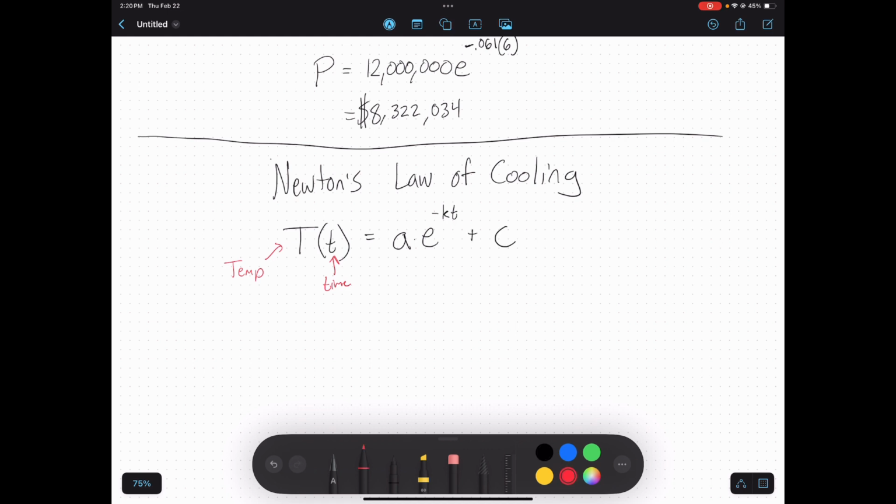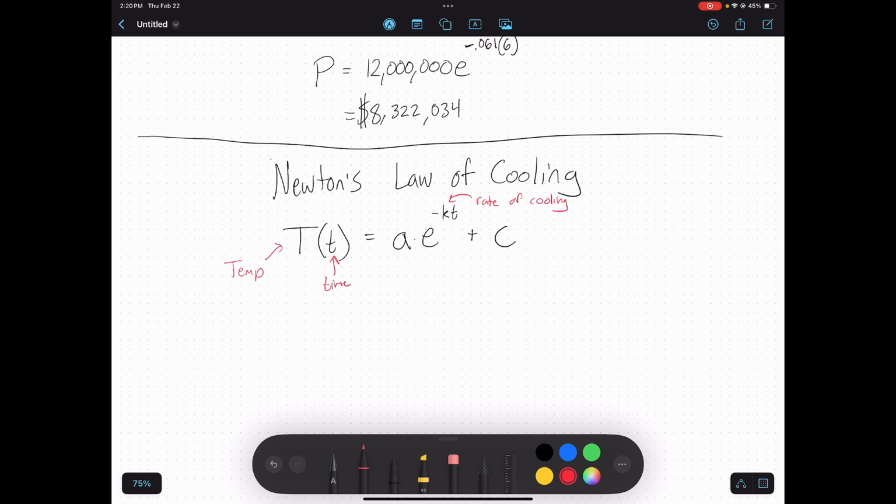Okay, so I have a few more constants in here that I need to actually understand what they mean. K, of course, is still just your rate, and you can think of this as your rate of cooling for this type of problem. Okay, how fast is it cooling? But what about A? What about C?